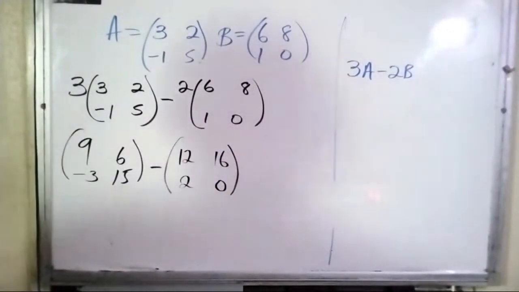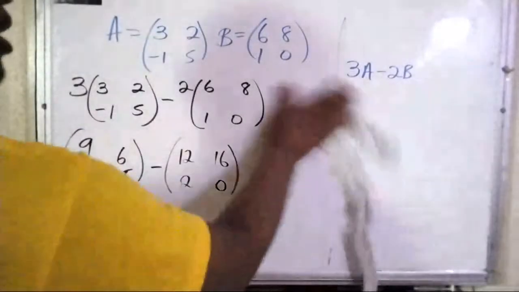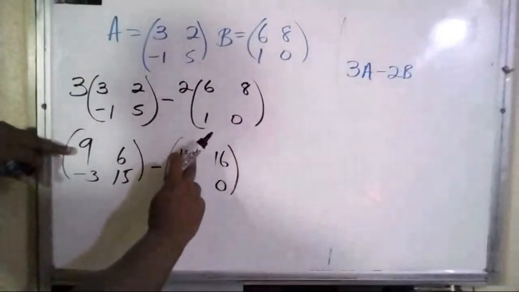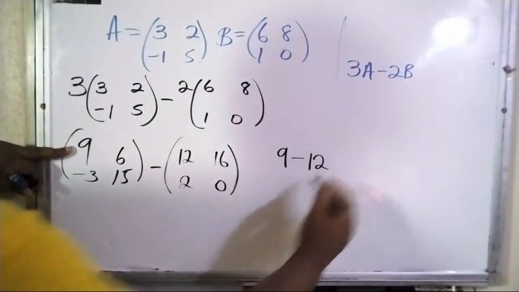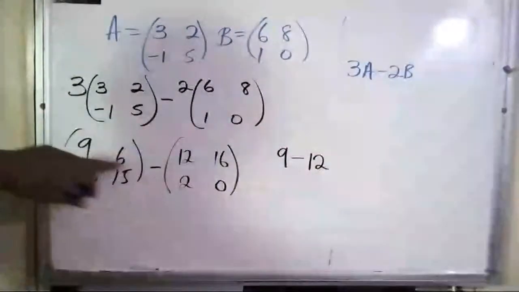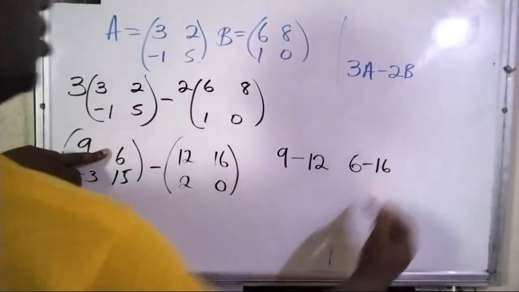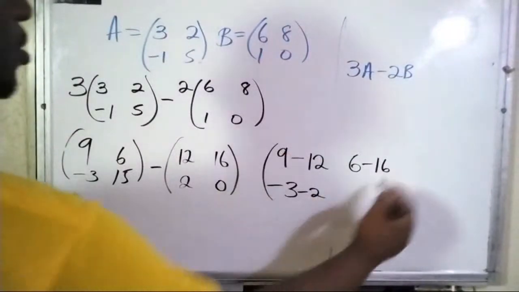So now we subtract the corresponding ones, right? What do I mean by corresponding? The same position. So these are the first and these are the first. So we bring them together. So 9 minus 12. See that, guys? 9 minus 12 here. 6 minus 16. And then we have negative 3 minus 2.